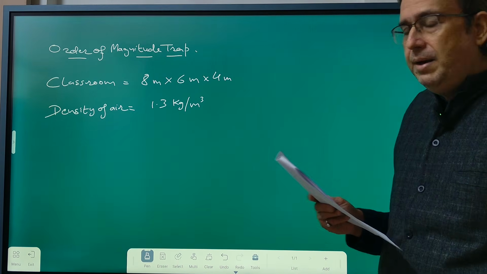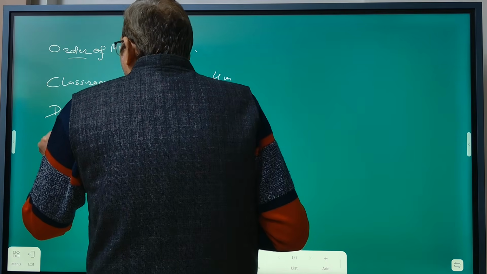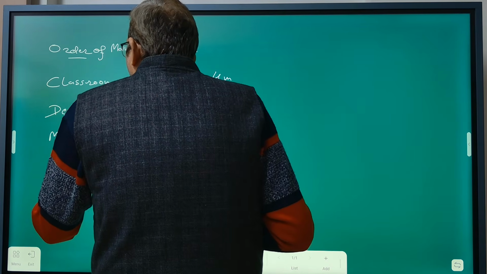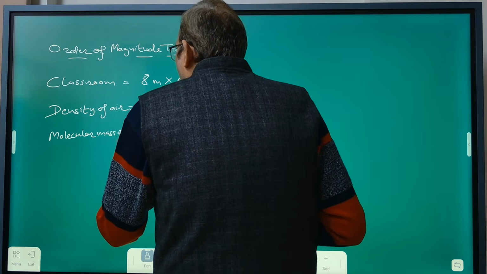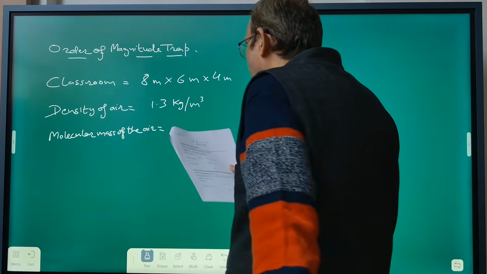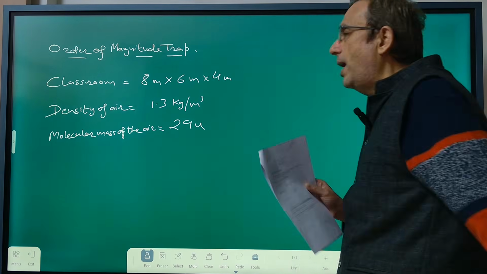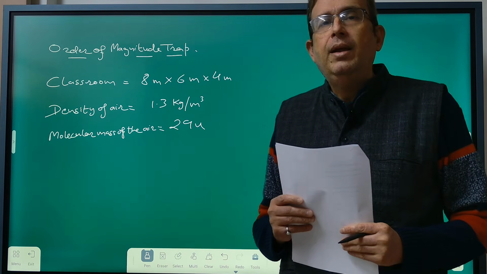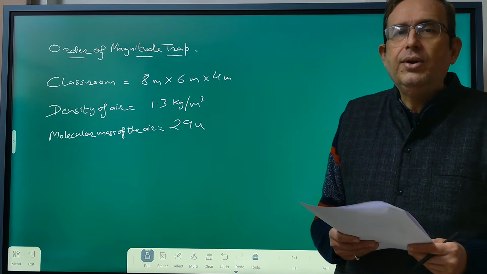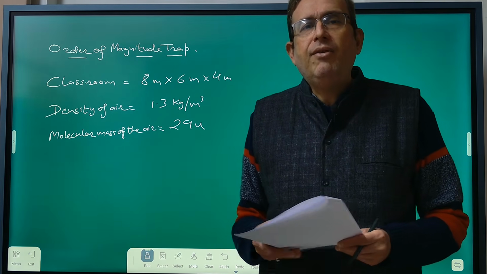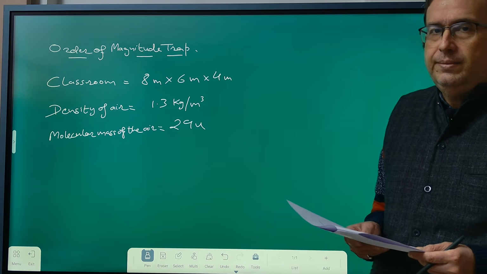This is the density of the air, and the molecular mass of the air is given to be approximately 29 units. Since air contains a lot of different molecules, each molecule is going to have a different molecular mass, so the average molecular mass of the air is 29 atomic mass units. Okay.